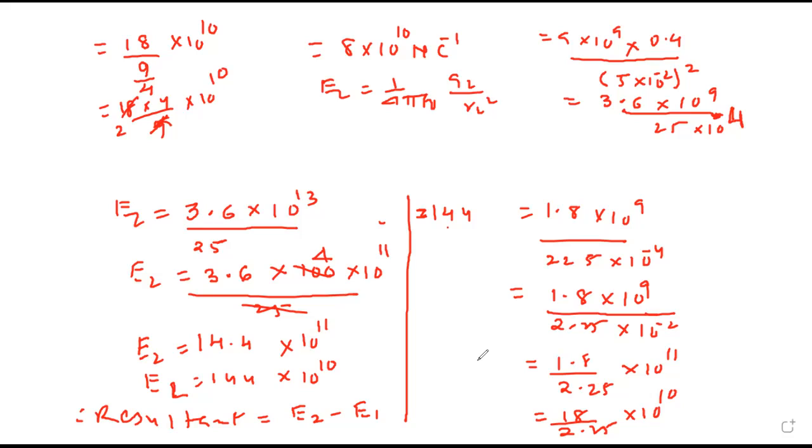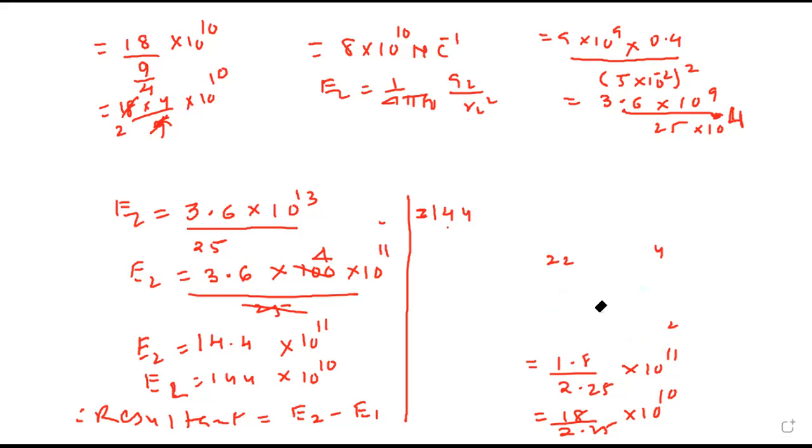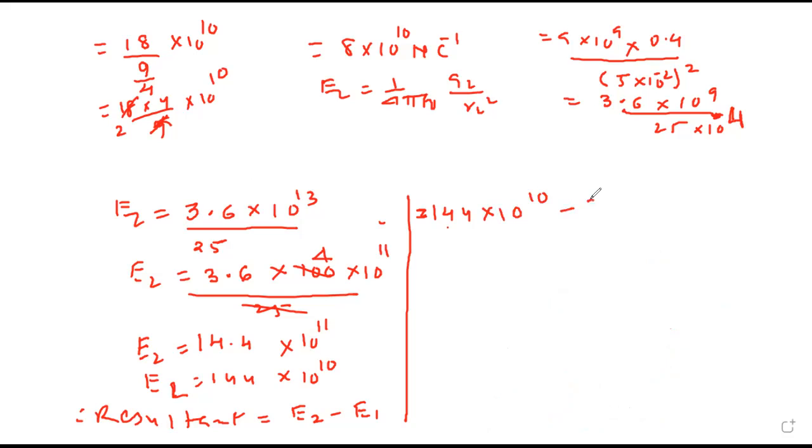Done. So now, because they were directed opposite, we will write resultant is difference, E2 minus E1. 144 into 10 raised to 10 minus 8 into 10 raised to 10.